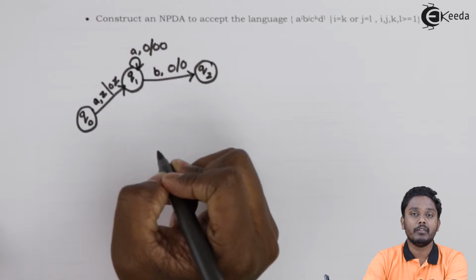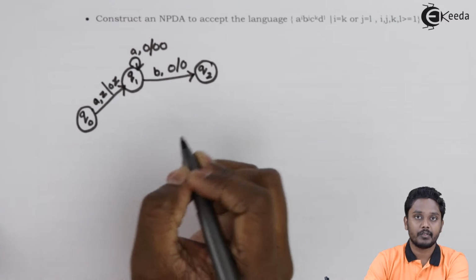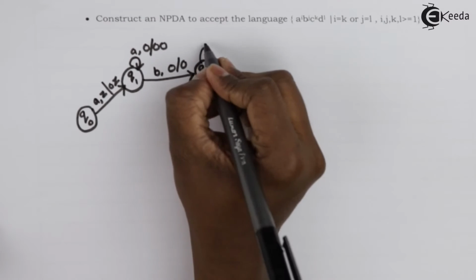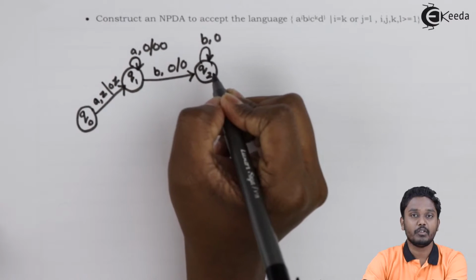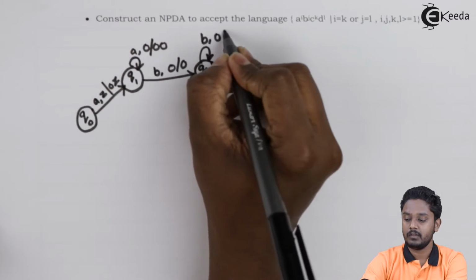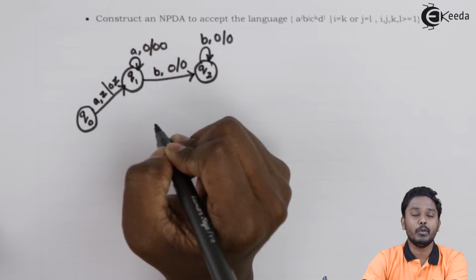Now, whenever we are having a B, we just need to skip it. Every B with 0 as the top of the stack, keep the 0 as it is.